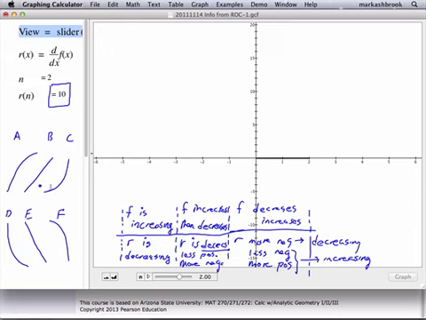If for a positive delta x, we get a positive delta y, and that's why, so r is positive. Okay, but the rate is decreasing. And so that would mean our slope is getting less. Okay, how about the next part?